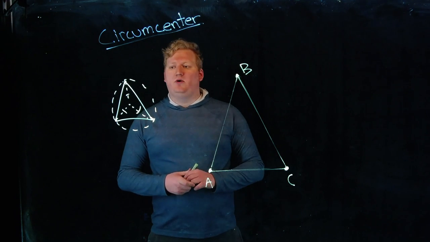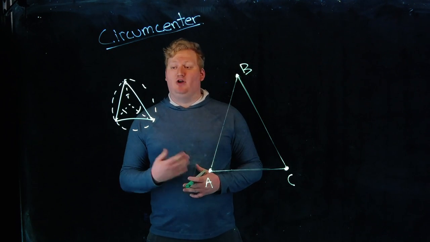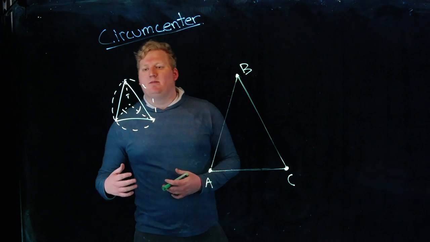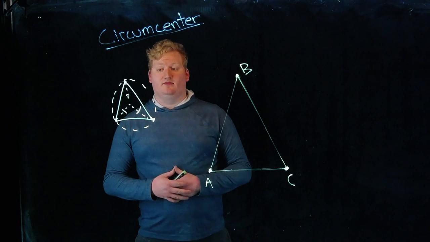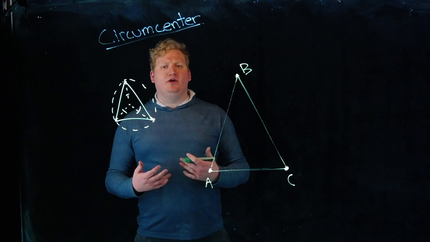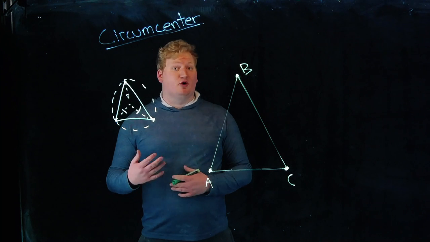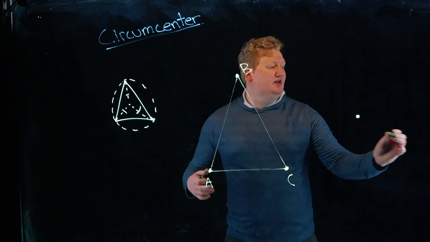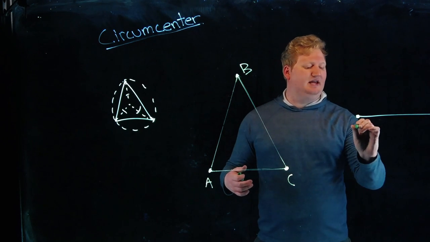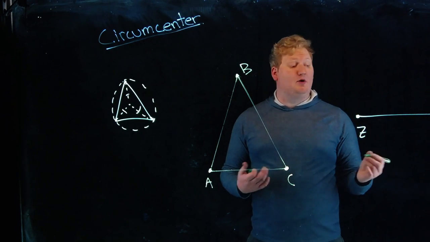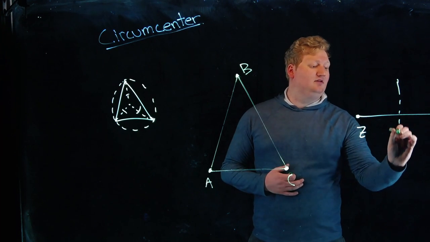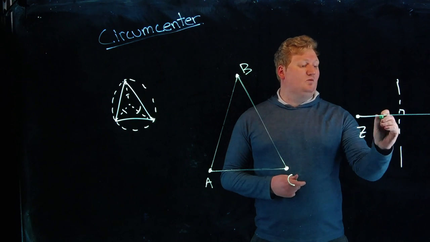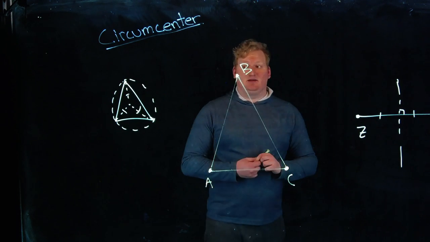Well, what we know about our sides of this triangle is that none of them lie on this circumcenter, and so they're not radii or diameters, but in fact we can treat these as chords of a circle. And so what we know about chords is that they're perpendicular bisectors. If you do not recall, for a line segment, say ZY, a perpendicular bisector is the perpendicular line that obviously is perpendicular, but it perfectly splits Z and Y into two congruent line segments.